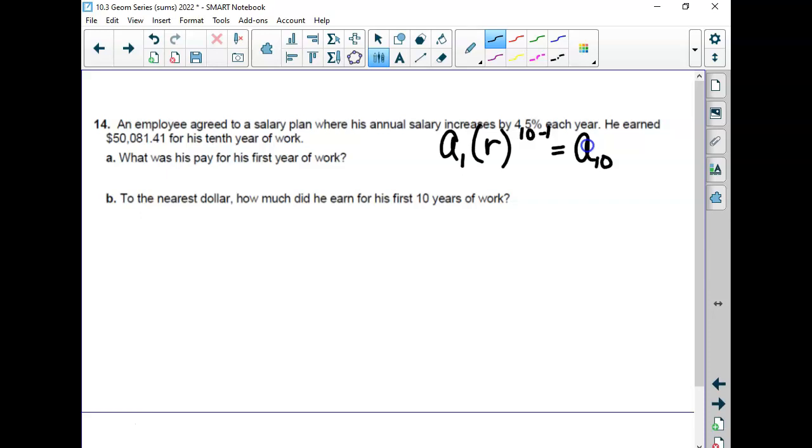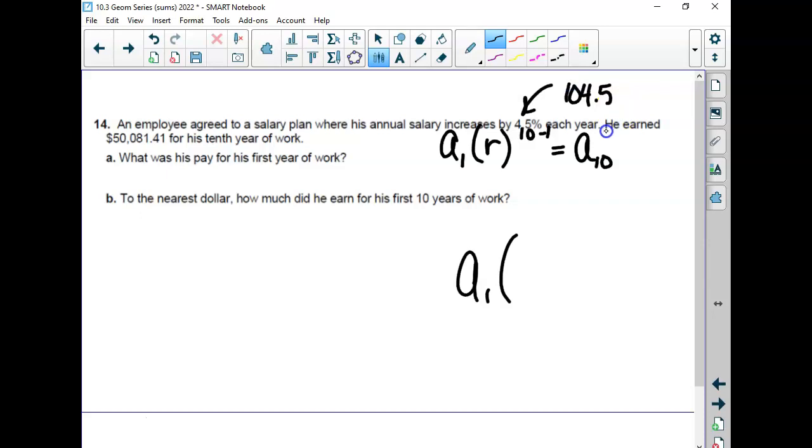Does that seem right, guys? For his 10th year of work, would he have only gotten 9 raises? That seems right to me. So what are we going to put into those? What was his first year? Isn't that what we're trying to find? R, what's R? Be careful.